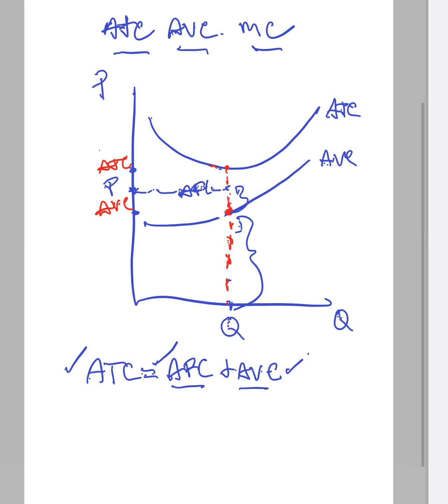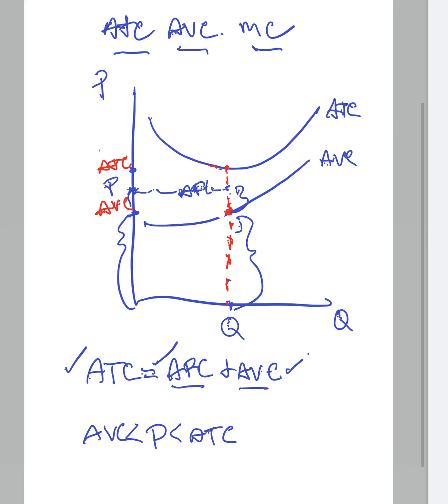So if your price is below ATC, but it is above AVC, you stay in business because you're covering all of your variable costs, and you're covering some of your average fixed costs. So stay in business and temporarily produce.